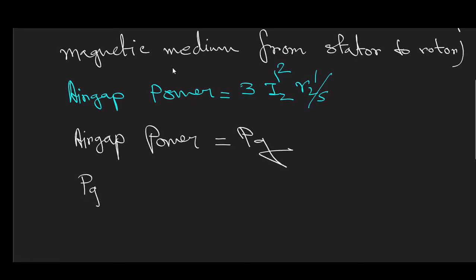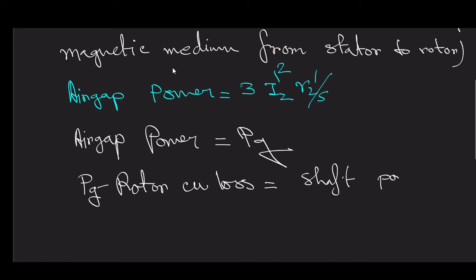So PG minus rotor copper loss gives us our shaft power. So PG minus 3 I2 dash square R2 dash is equal to our shaft power.